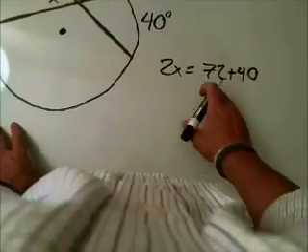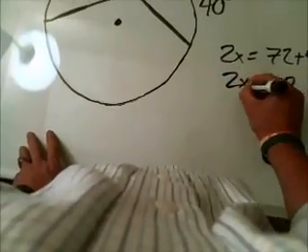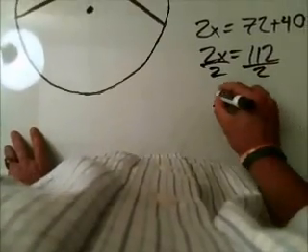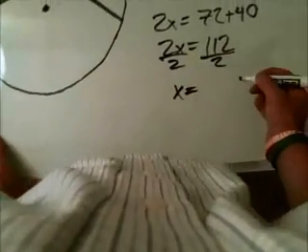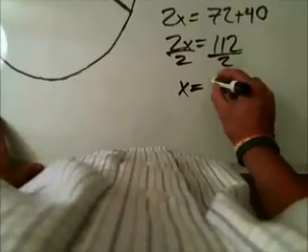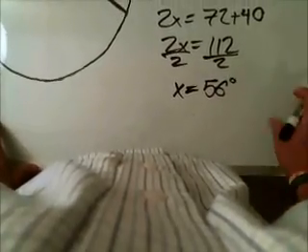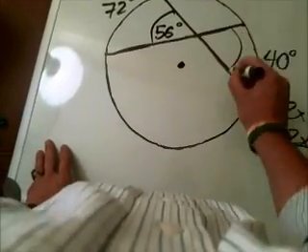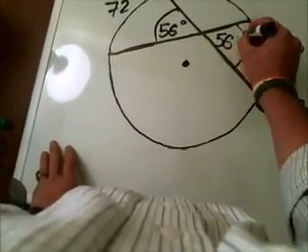So that's equal to two of those inside angles. Now just divide both sides by 2, and I find that that inside angle is equal to 56 degrees. That means that its vertical angle on the other side of the vertex is also 56 degrees.